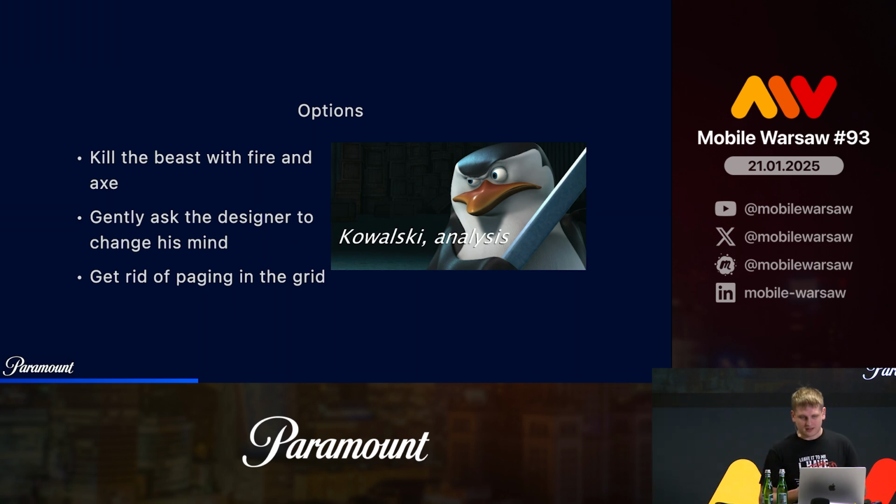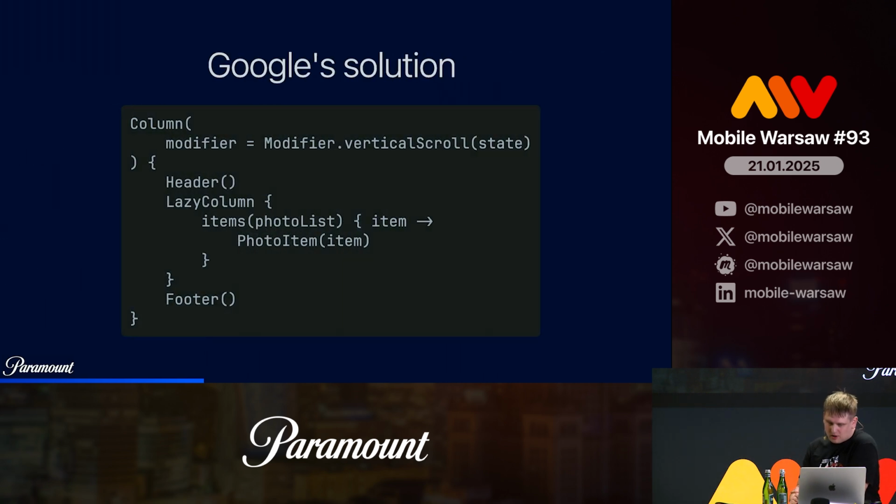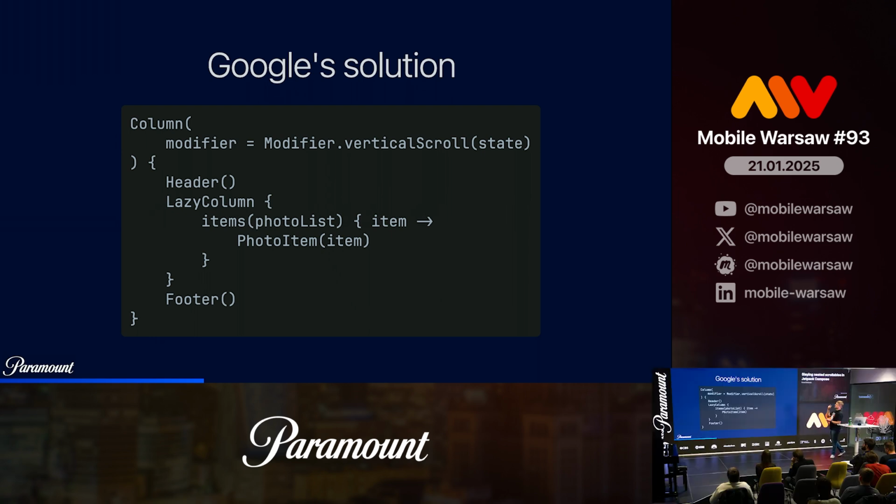Yeah. Okay, so let's try to see the message that is inside of the Google developer documentation. So Google presents us code like that. Whenever we have a case like here, we're having the column, which is vertically scrollable. Inside of it, we want to put the header, a lazy column with some items, and some footer. Google is saying, instead of it, try flattening it.